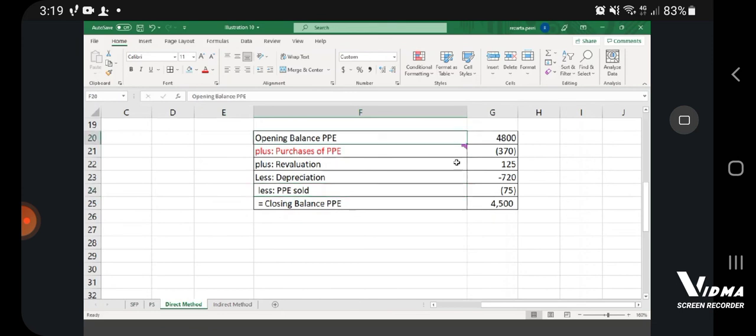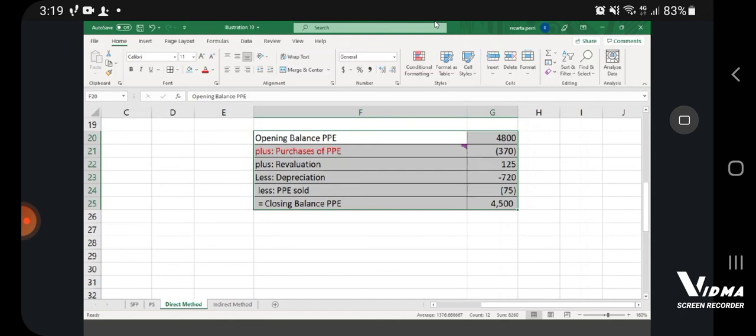So whatever you need to calculate, always remember opening balance plus everything that adds to the amount of property, like purchases, revaluation, less anything that decreases their value, like depreciation or fair value decrease or property sold and so on, that is equal to the closing balance. Whatever you are missing among this information, please use this formula to calculate, okay?